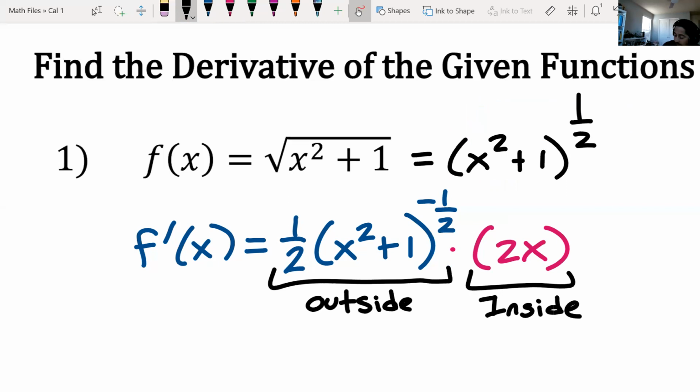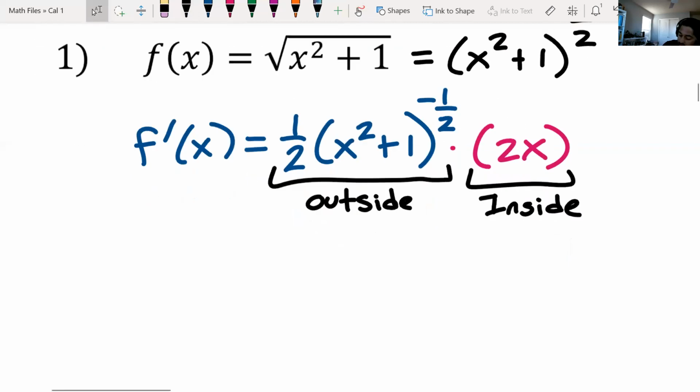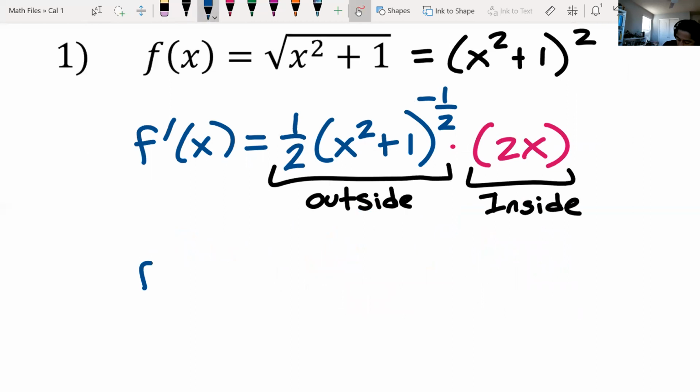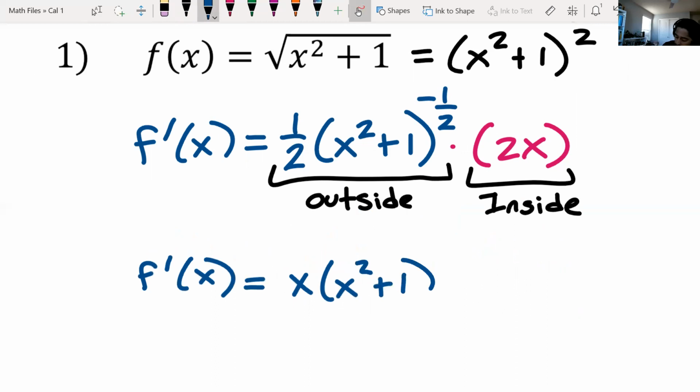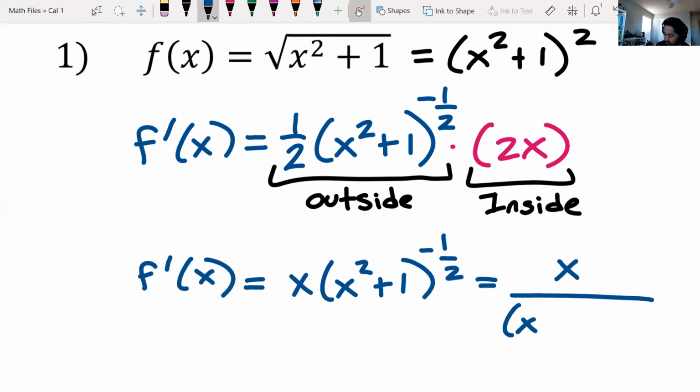And now we just combine the 2x and the 1/2 together. And this will give me f prime of x is equal to x times x squared plus 1 to the negative 1/2, which we can rewrite as x over x squared plus 1 to the positive 1/2.